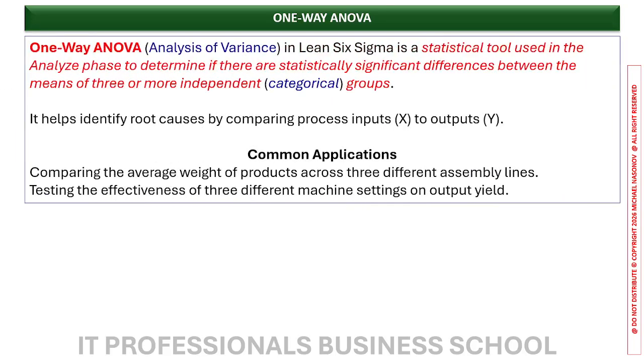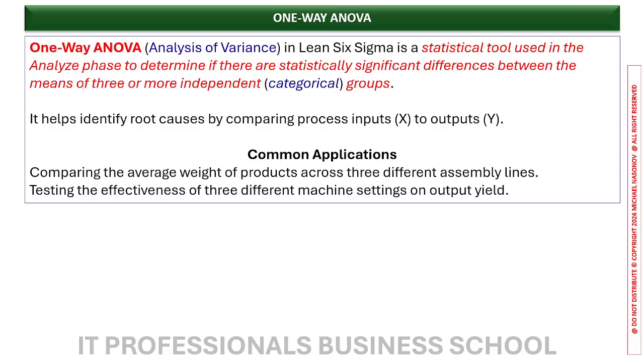One-way ANOVA means Analysis of Variance. In Lean Six Sigma, it is a statistical tool used in the analyze phase to determine if there are statistically significant differences between the means of three or more independent categorical groups.